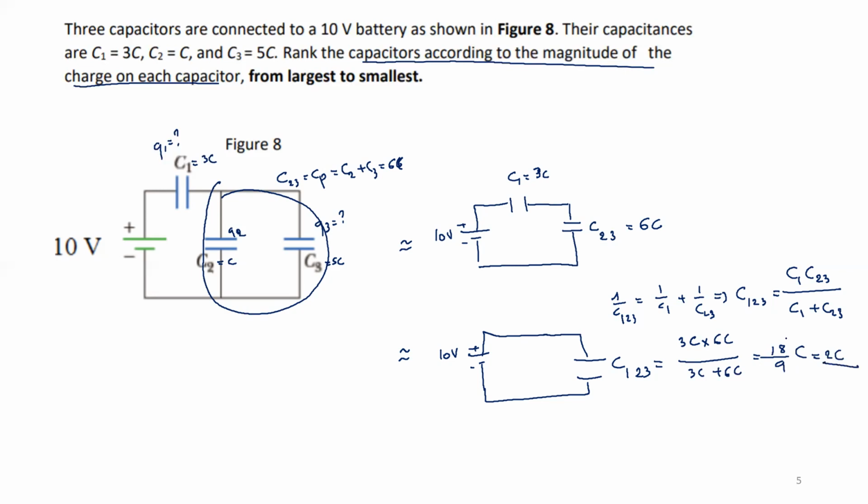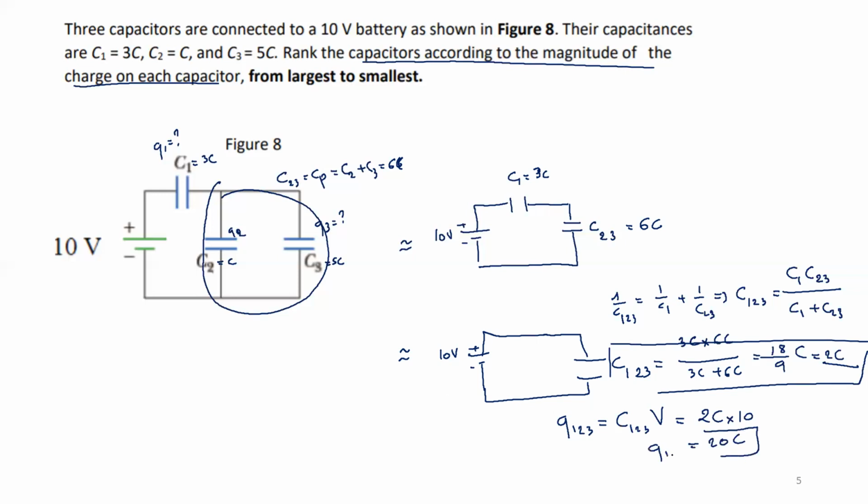Okay, good. Now let's go and get the charge. Knowing C1,2,3, which is 2C, I can get Q1,2,3. Now what is Q1,2,3? It will be just C1,2,3 multiplied by the voltage, which is 10. So this gives you 2C times 10, which is 20C.